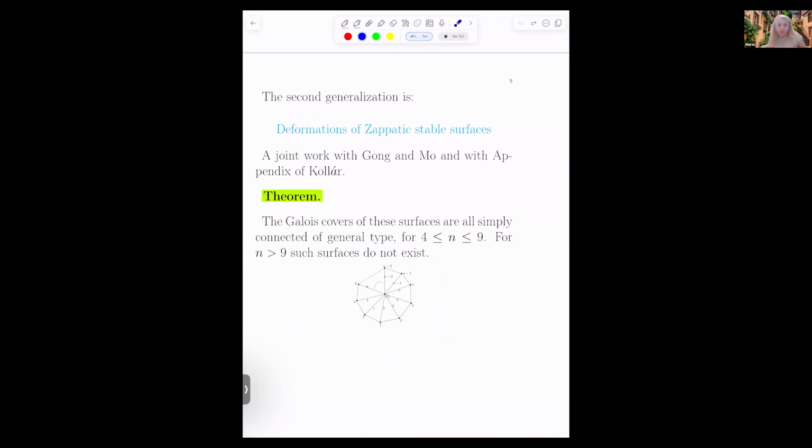So the fundamental group is trivial for n from 4 to 9. But if n is bigger than 9, then such surfaces do not exist. So most of you know such surfaces as EK singularity, okay, like this.